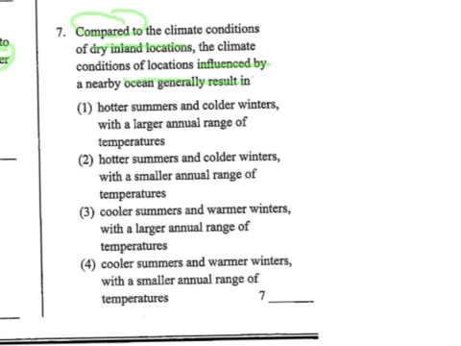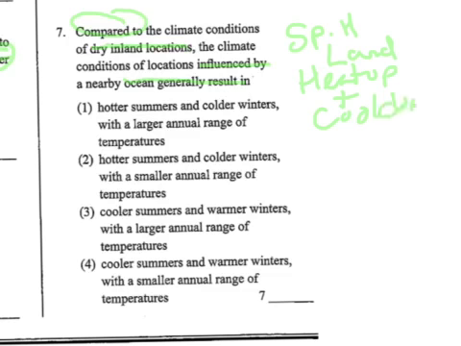What we need to remember is the specific heat of land, which is lower, which means that it will heat up and cool down quickly compared to water, where it will heat up and cool down slowly.